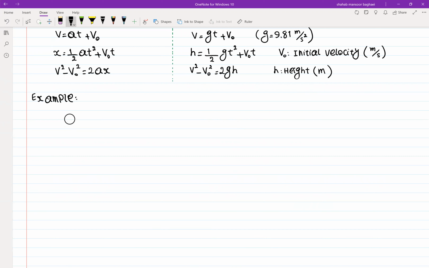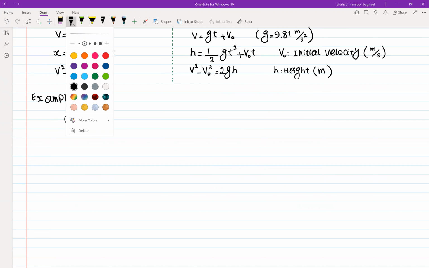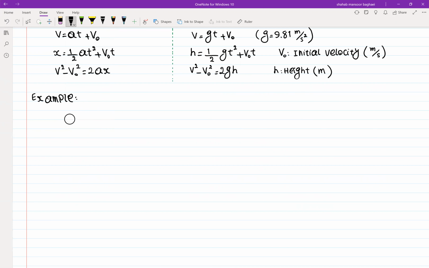At the beginning, it has initial velocity, and it will go downward by v0. See, the positive direction is downward because you have vertical motion. If v0, the initial velocity, is 4 meters per second, what is the velocity of this falling object after 2 seconds? What is v? Find v here.